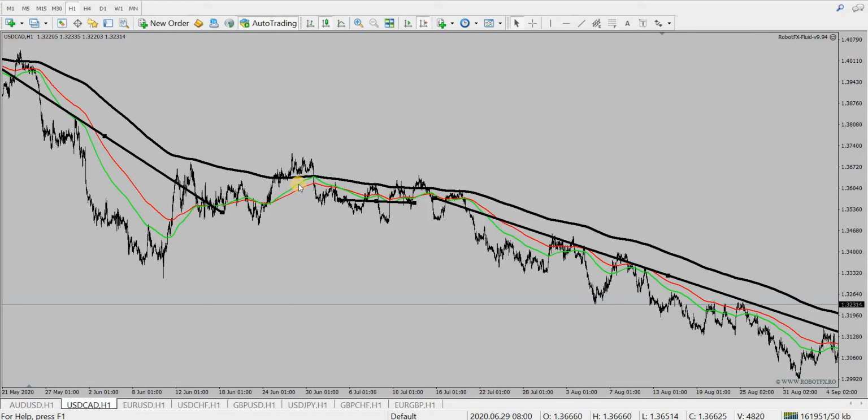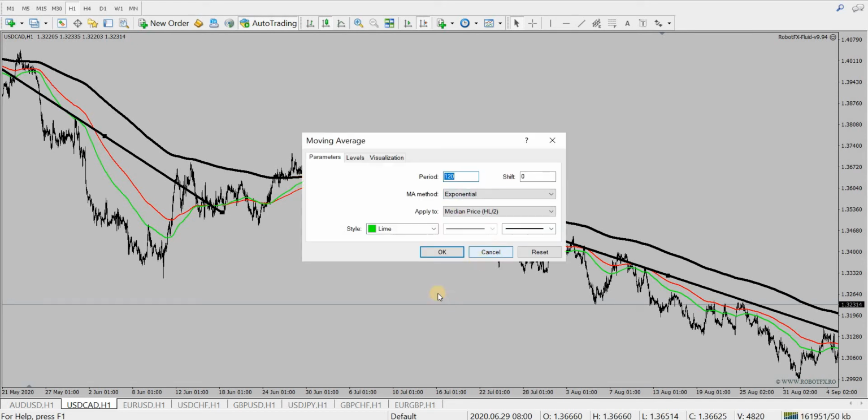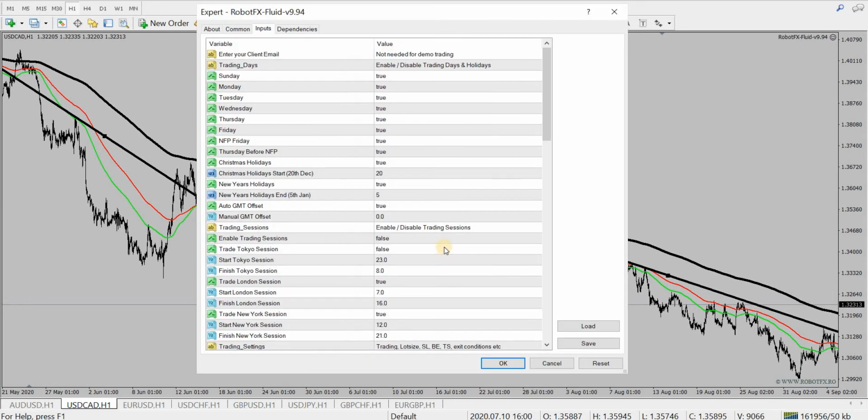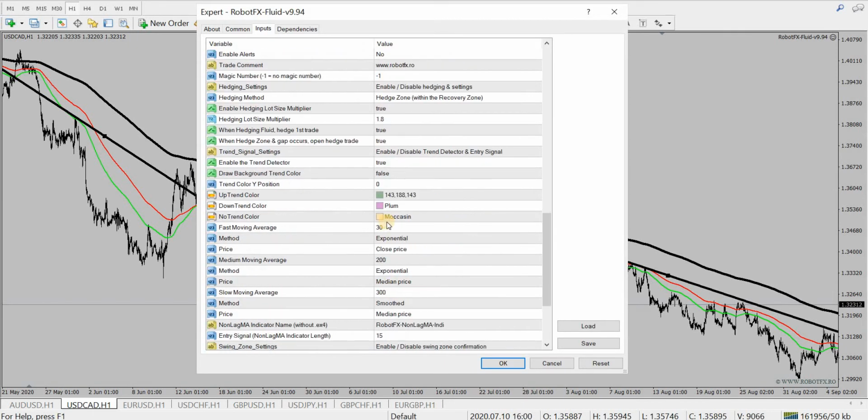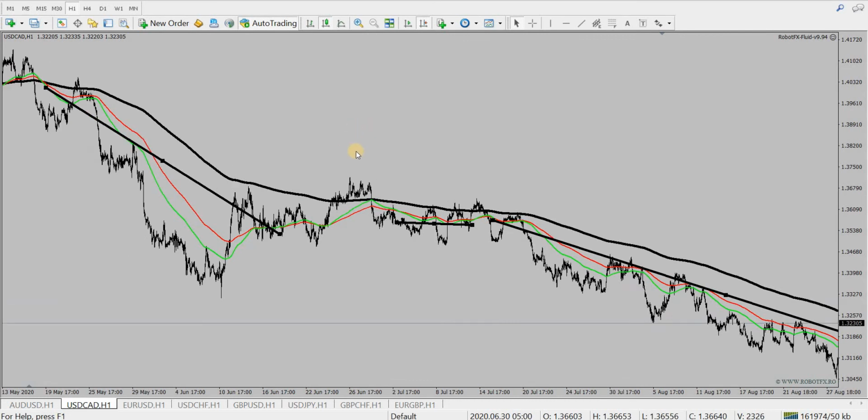Let's see. 120 exponential medium price, which is this 20 exponential medium price. So these are the settings for the trend, to detect the trend that I found for H1 on US dollar, Canadian dollar. For the, let's say, this period, although I found the trend on an earlier time.